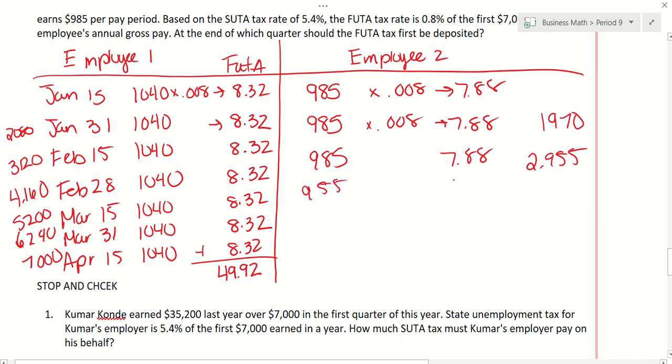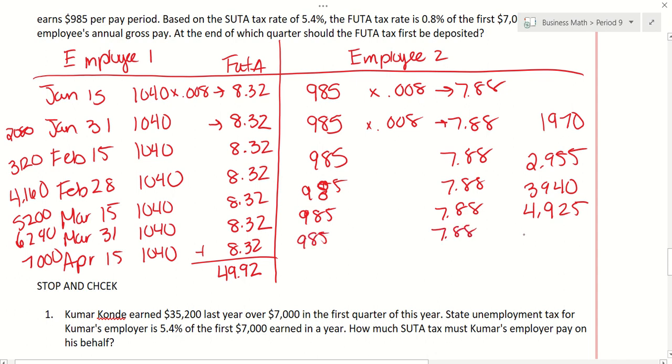Next month, they've paid 3,940. Next month, they've paid 4,925. Next month, they've paid 5,910.